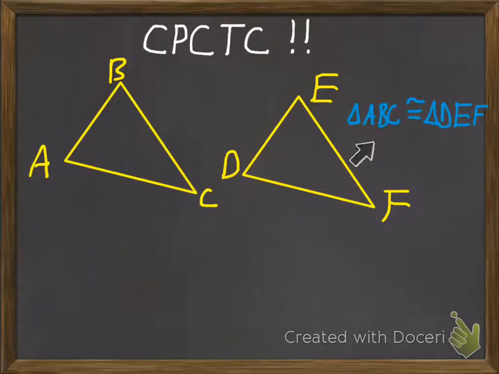Suppose I told you that in this picture that triangle ABC is congruent to triangle DEF. At the point that you know two triangles are congruent to one another, don't you automatically know that all of their corresponding parts are congruent?